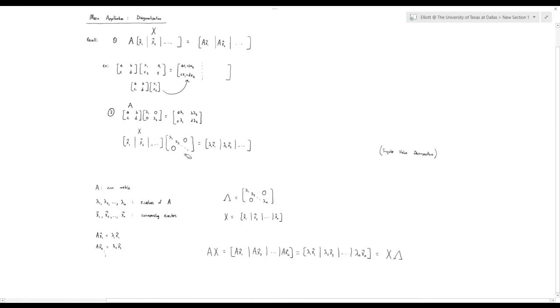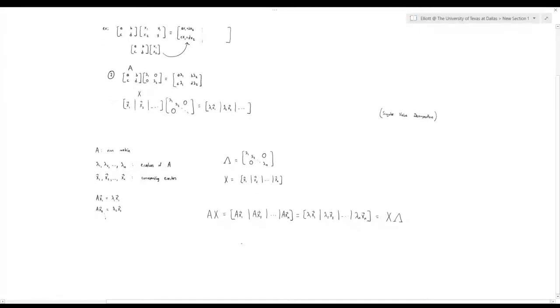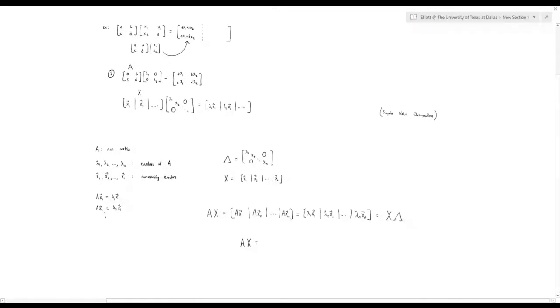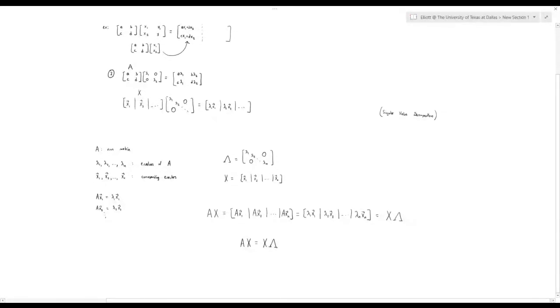When you multiply on the right by this diagonal matrix, it multiplies each of the columns by lambda 1, lambda 2, and so forth. So you end up with the equation that A times this matrix of eigenvectors is equal to the same matrix of eigenvectors multiplied by this diagonal matrix of the eigenvalues.